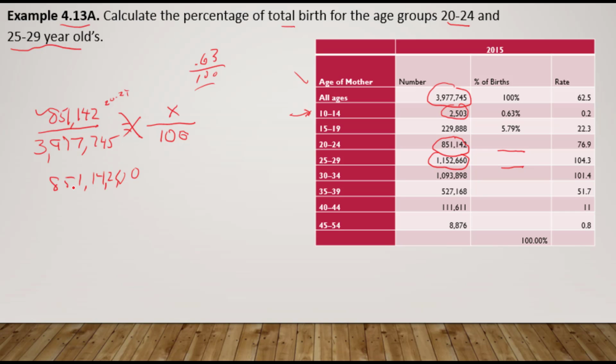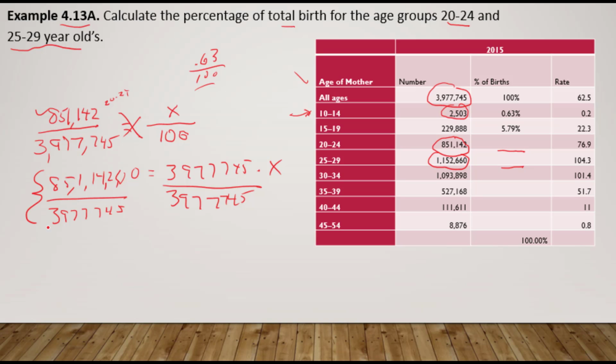Whoops. Equals 3,977,745 times x. Divide both sides by 3,977,745, and I'm going to go ahead and put this on my calculator and see what I get.